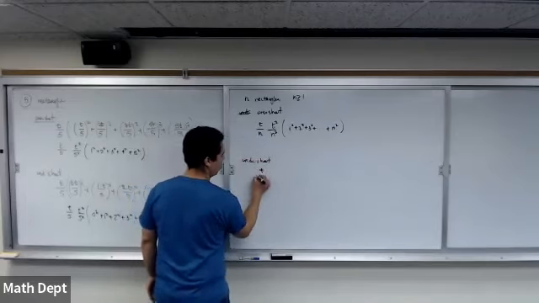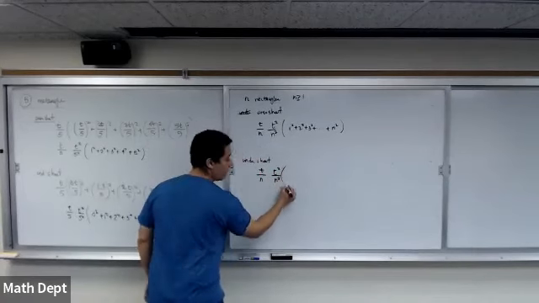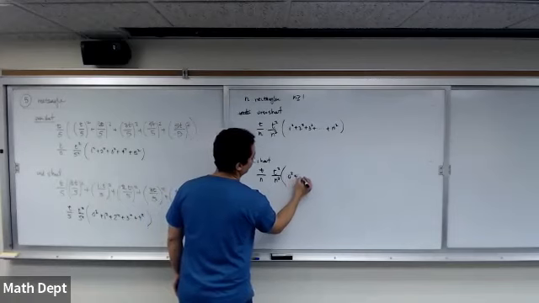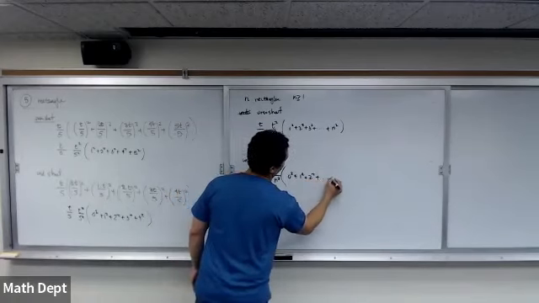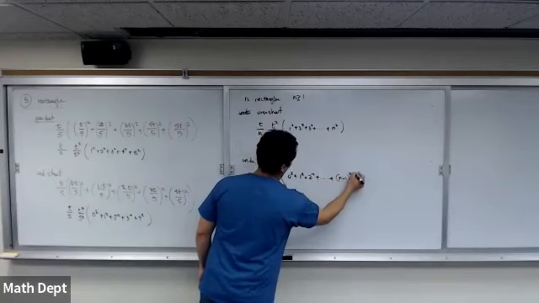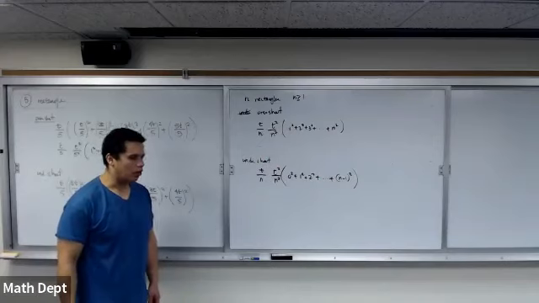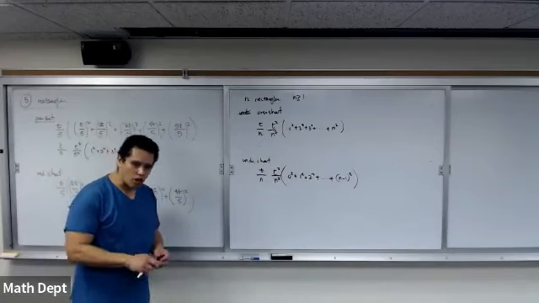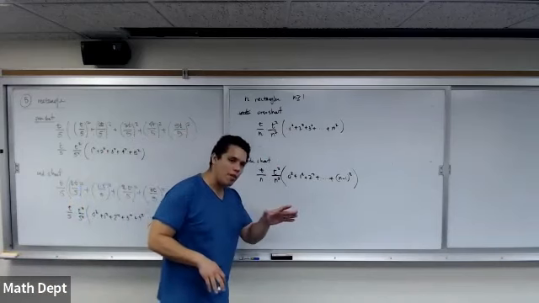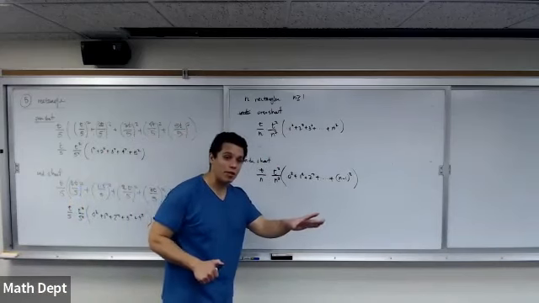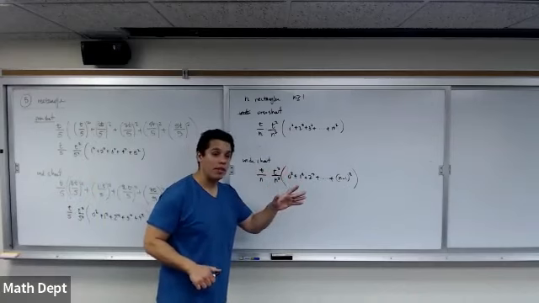That would be t over n times t squared over n squared times 0 squared plus 1 squared plus 2 squared up to n minus 1 squared. Now, the question is, what happens when we take limits? What happens to these expressions as we take limits?